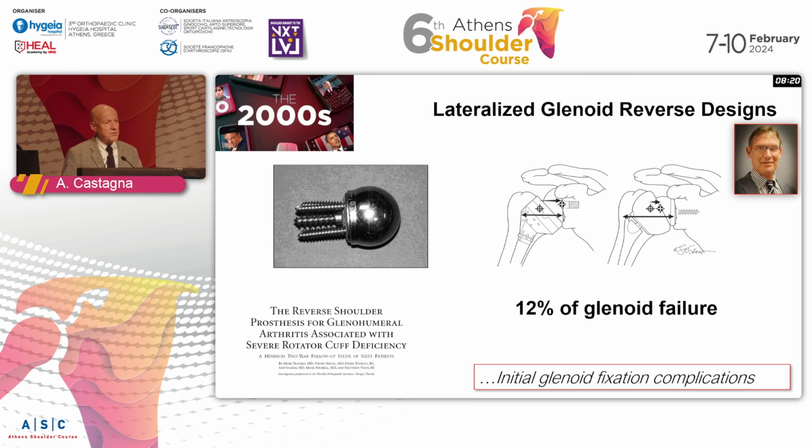This is why, entering the new millennium, this is Mark Frankel, we started thinking about the lateralization of the glenoid in the reverse design. But the early design was failing quite a lot because of the increase of the shearing force over the glenoid, and Mark was reporting 12% of glenoid failure, and this was an initial glenoid fixation complication.